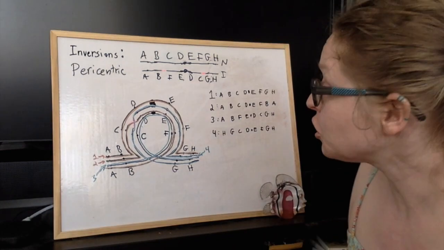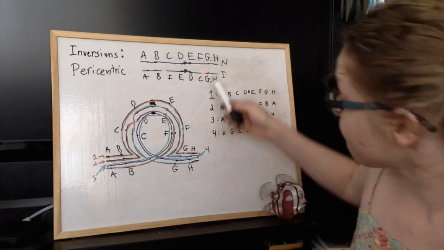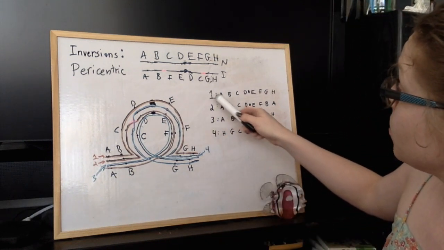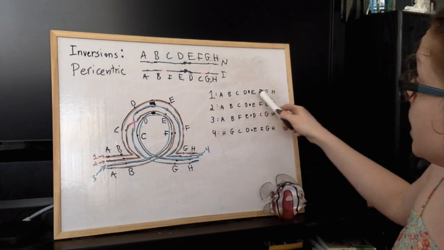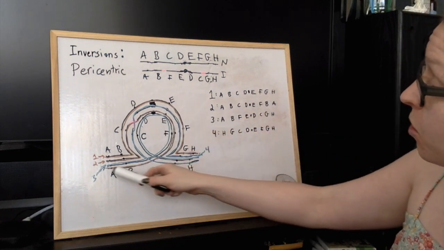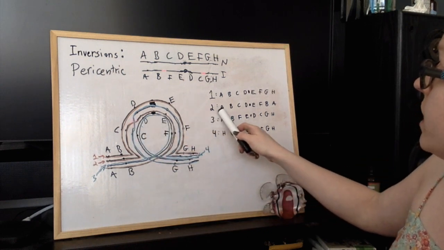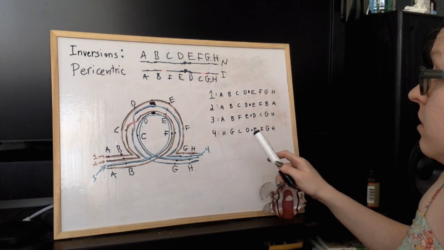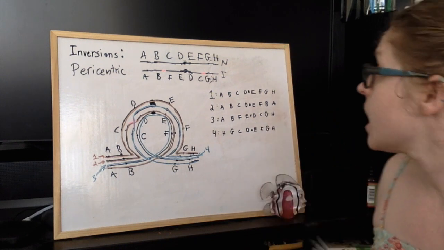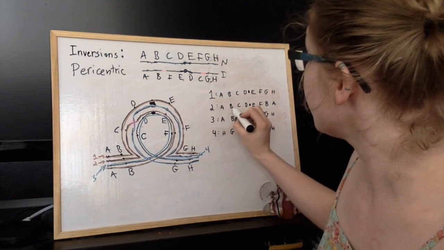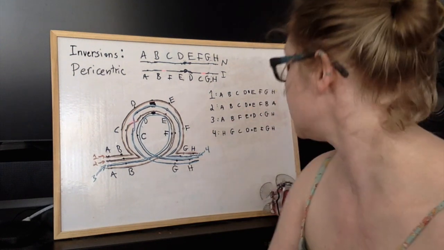Ta-da! So, this is 1, 2, 3, and 4. 1, remember, was just the normal A, B, C, D, E, F, G, H. 2 was the normal that crossed over. So it's A, B, C, D, E, F, B, A. Which means that here, let's change colors.